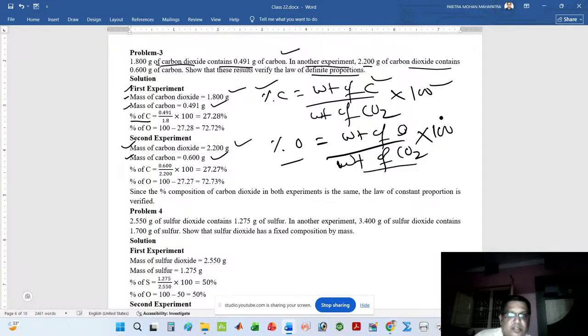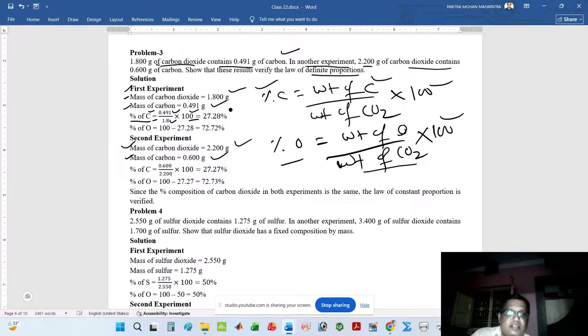Look at that. Percentage of carbon here is equal to weight of carbon, means 0.491. So here I have written 0.491. Weight of carbon dioxide means 1.8. So here I have written 1.8. Now multiply with 100. So here I can say that percentage of carbon is equal to 0.491 divided by 1.8 into 100. If you will solve, then you will get 27.28.